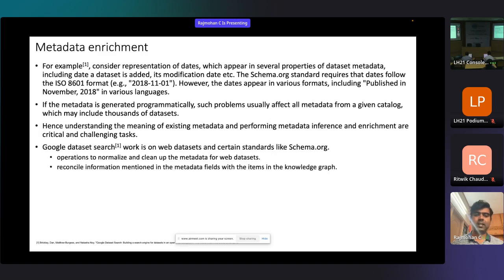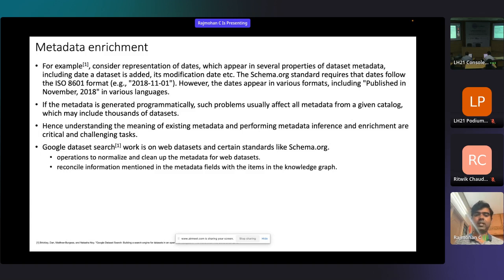Google Dataset Search tries to address a few of the problems, but these are very specific to web datasets and pertaining to specific standards like schema.org. For example, they try to come up with some operations to normalize and clean the metadata for web datasets adhering to the schema.org standards. They also try to reconcile information mentioned in the metadata fields by using some knowledge graphs.